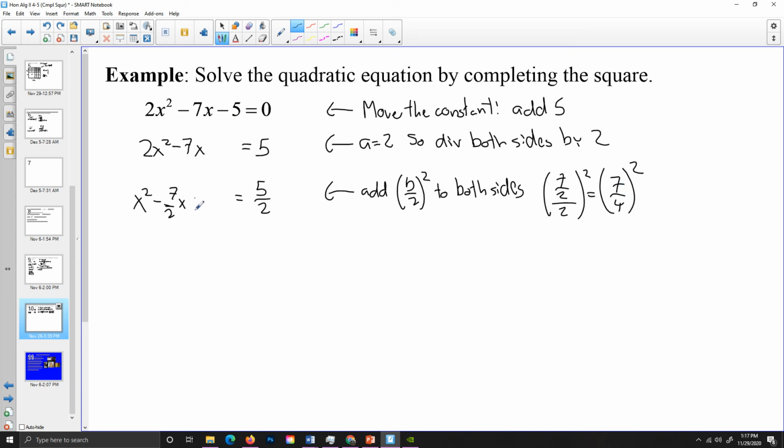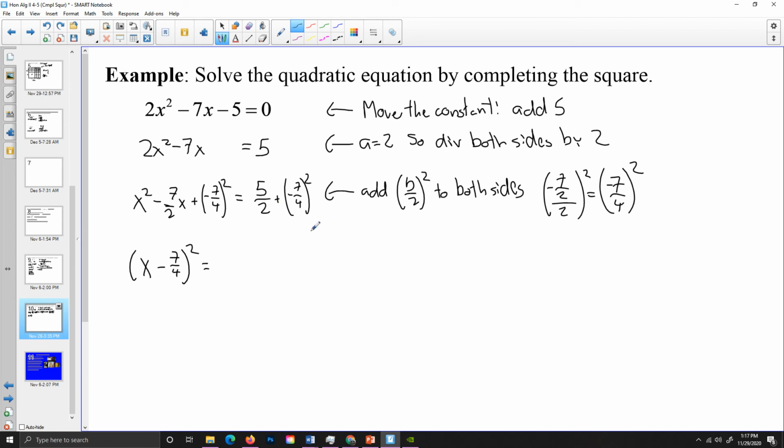So here I'm going to add negative, and I should put negative for all of these. Negative 7 over 4 squared to both sides. All right, now this particular perfect square binomial becomes x minus 7 over 4 squared.